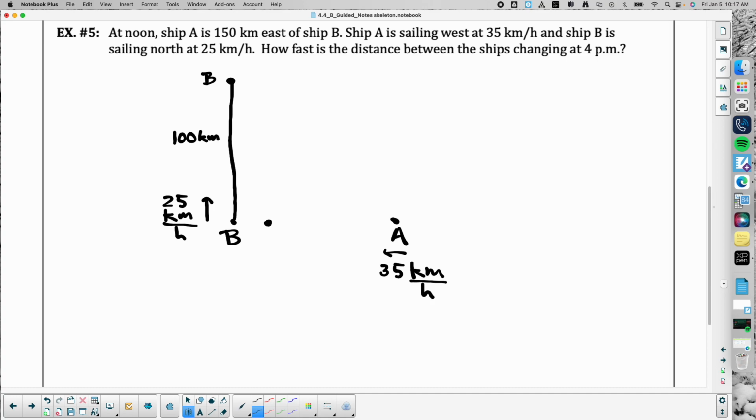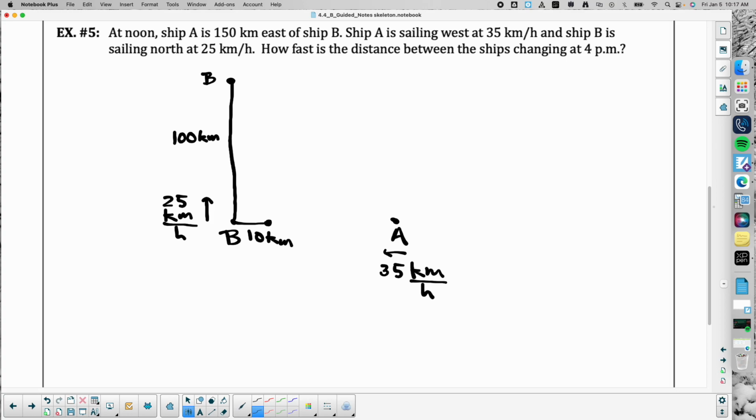But 35 kilometers an hour means that after 4 hours it went 140 kilometers. These were 150 kilometers to start with, so if it went 140 kilometers, it didn't quite make it to B's original position. That's where that 10 came from.